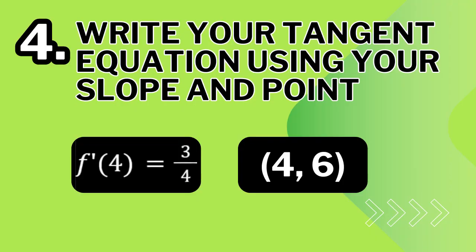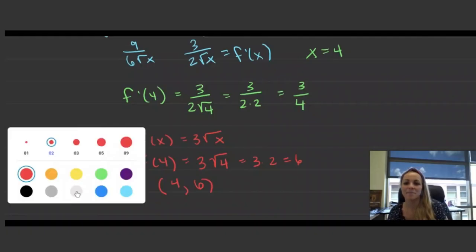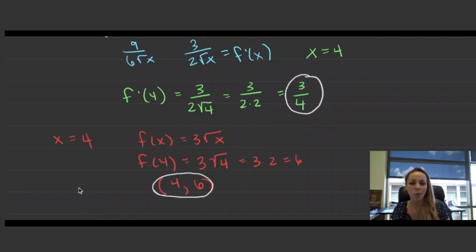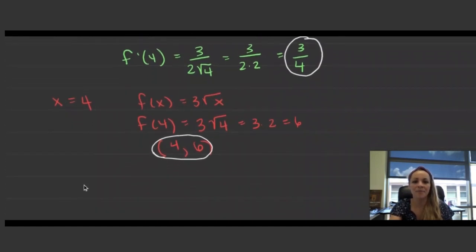Step 4, and our last step, is to write our tangent equation using our slope and point. This right here is our slope, and this right here is our point. I like to use graphing form of a line to help me write the tangent function.